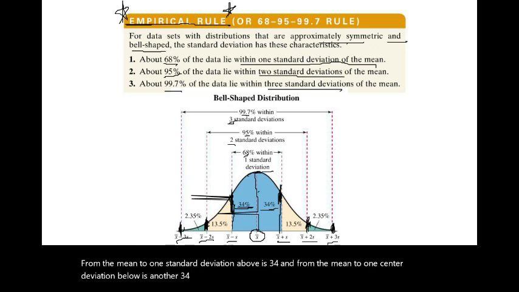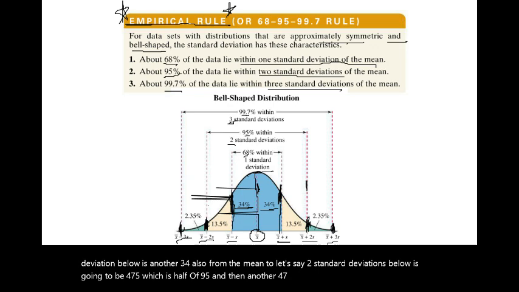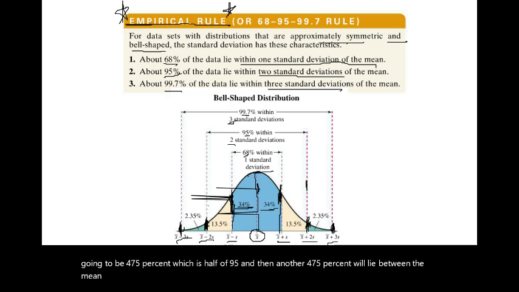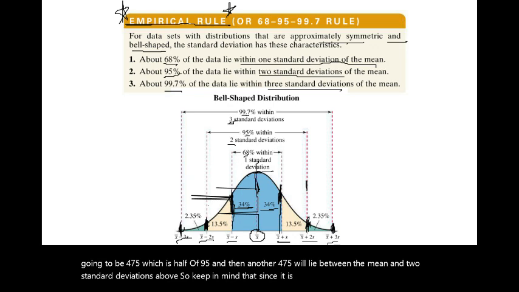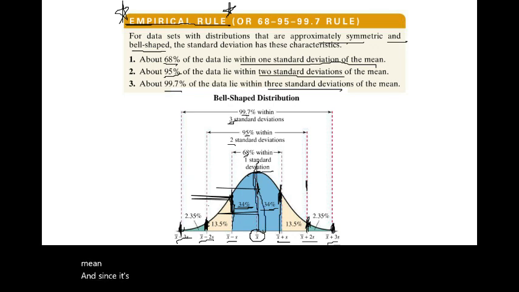Also, from the mean to, let's say, two standard deviations below is going to be 47.5%, which is half of 95. And then another 47.5% will lie between the mean and two standard deviations above. Since it's symmetric around the mean, the right half of this bell curve is a perfect mirror image of the left half of this bell curve.